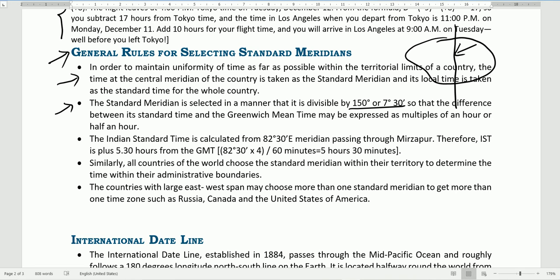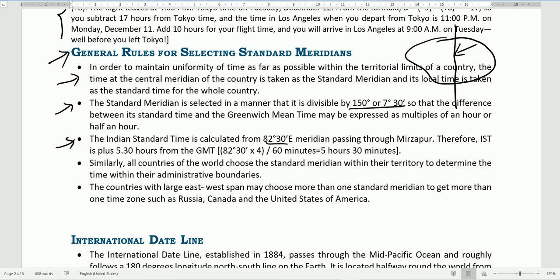For example, the Indian Standard Time is calculated from the 82 degree 30 minute east meridian passing through Mirzapur in UP. Therefore, Indian Standard Time is plus 5:30 hours from the Greenwich Mean Time. So we are ahead of the Greenwich Mean Time.